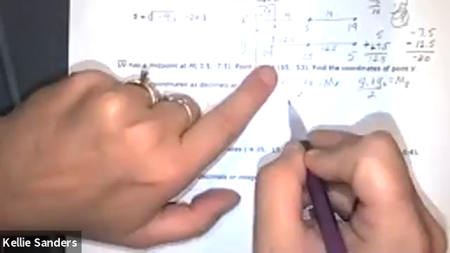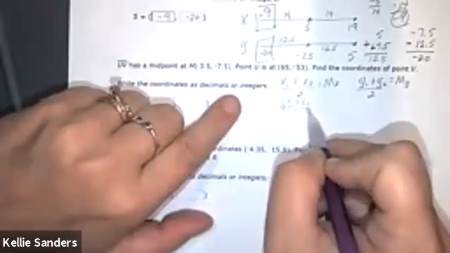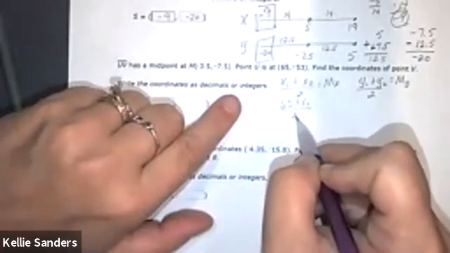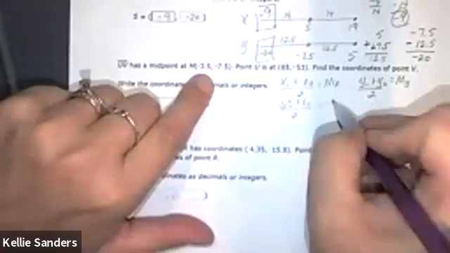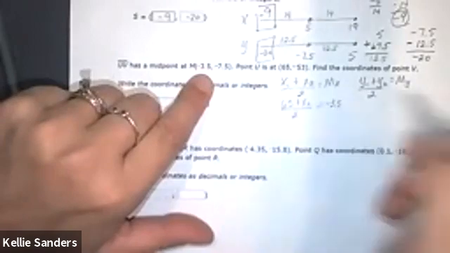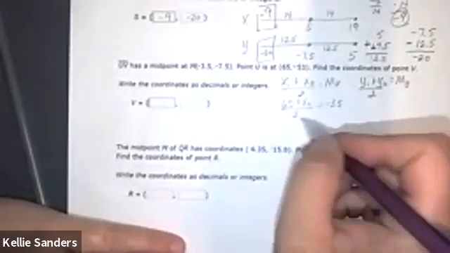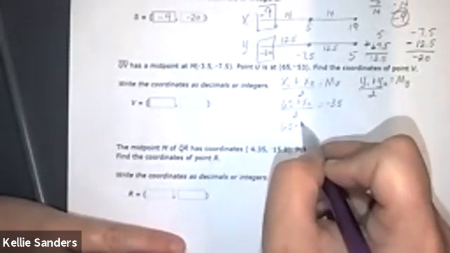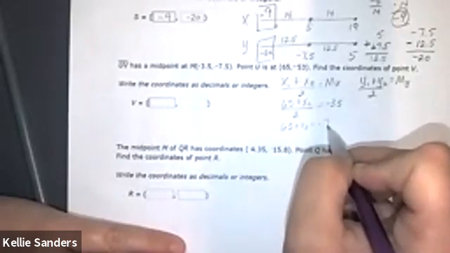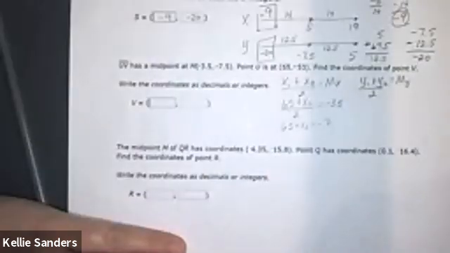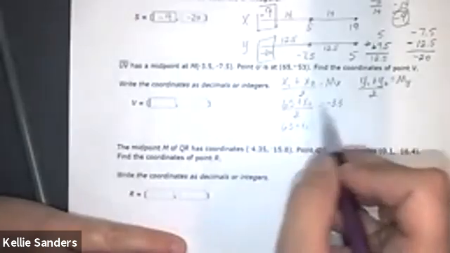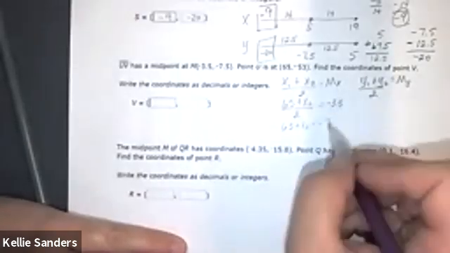Okay. This is your end point. 65 is your end point. We don't know the second end point, but we know that we're going to divide by 2 and get the midpoint of negative 3.5. To undo, we always multiply by 2. So 2 times negative 3.5 is negative 7.